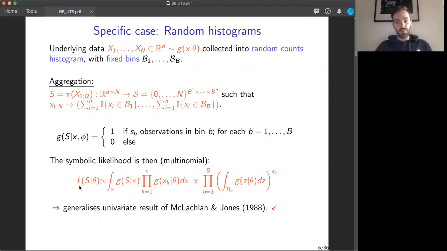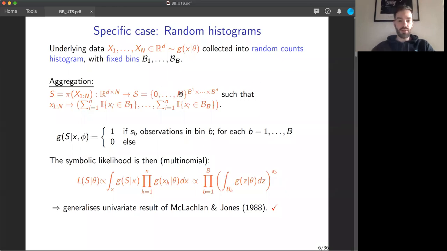We're going to assume here that we have fixed bins, so b1 up to bd bins in this histogram, because it's going to be d-dimensional. We're going to apply the aggregation function pi, which here goes from the space R^(d times n) to the curly S, which corresponds to counts.